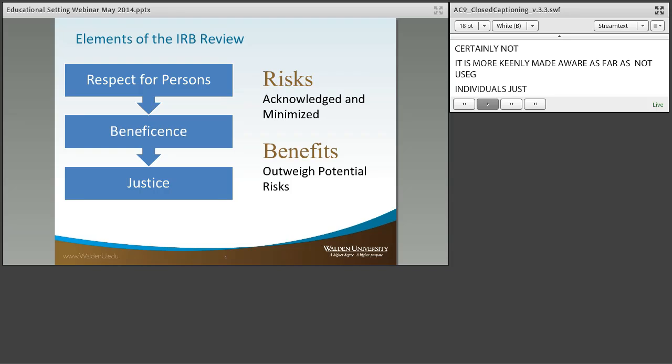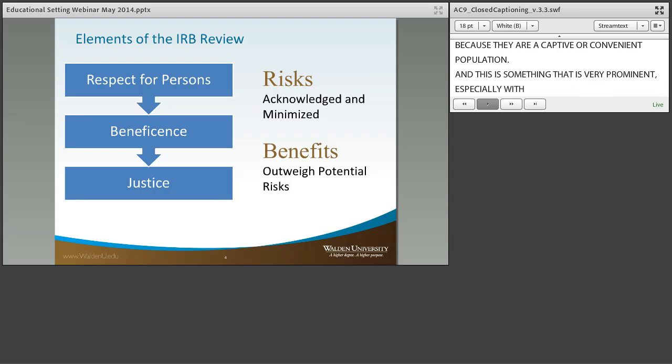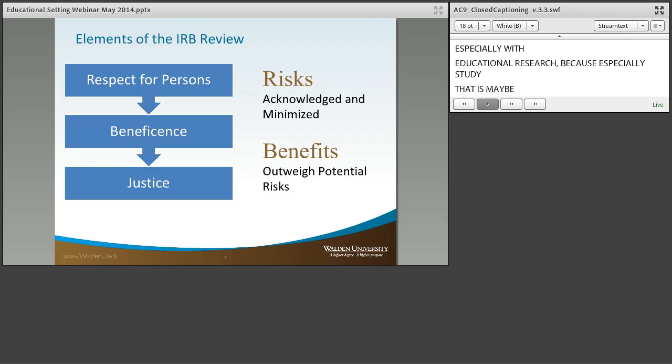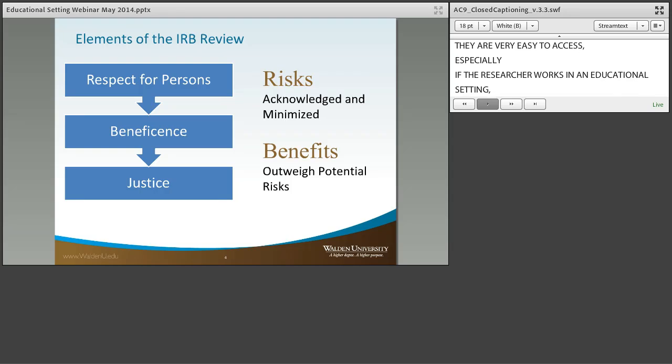And this is something that is very prominent, especially with educational research, because especially studies that maybe focus on something that's impacting kids, there's a high concentration of kids in educational settings. They're very easy to access, especially if a researcher works in an educational setting. But the use of a classroom or use of a school setting is not always appropriate if the topic isn't really within the educational realm.